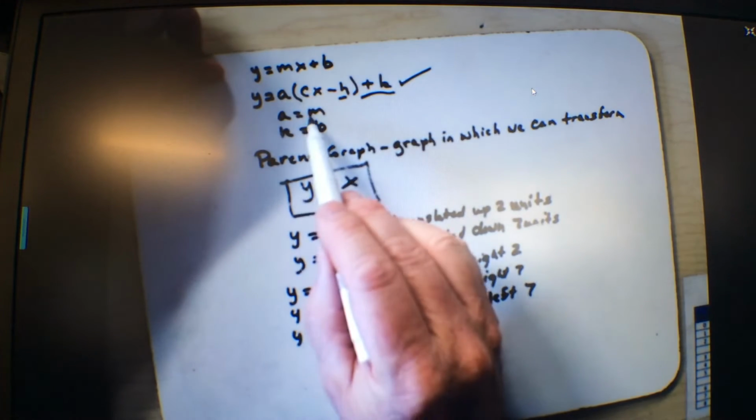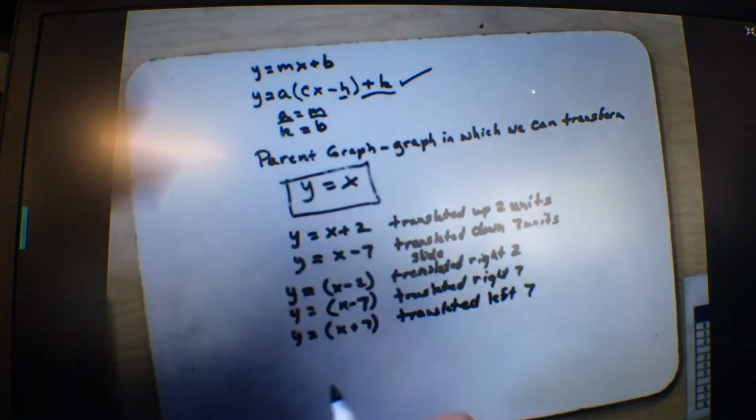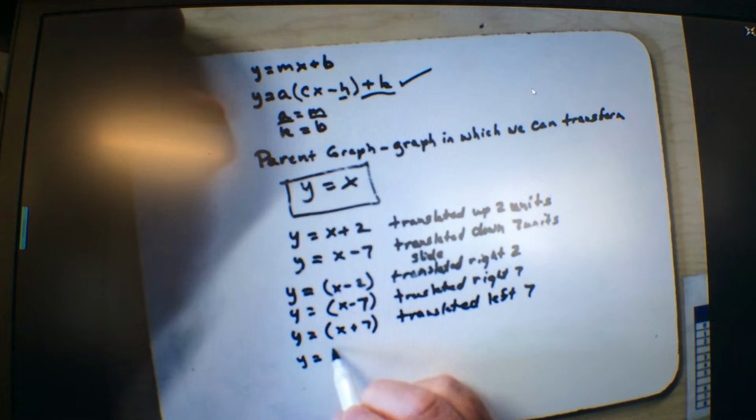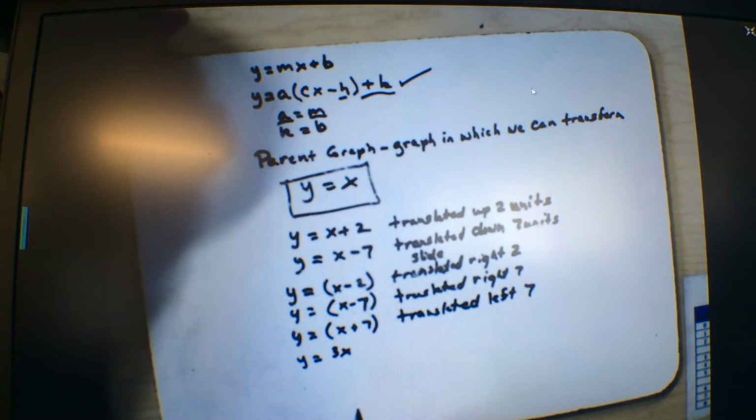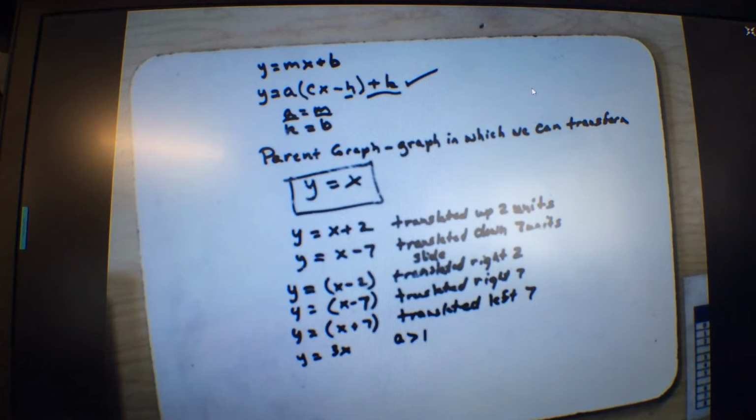Now I want to change this A, right? What happens is, when I go y equals 3x, all right? This number right here is called A. A is greater than 1, okay? A is greater than 1. Stay with me. What's going to happen is, this line's going to go up faster.